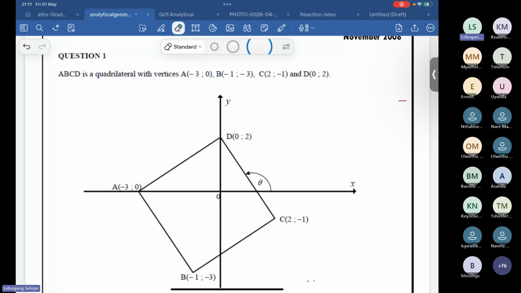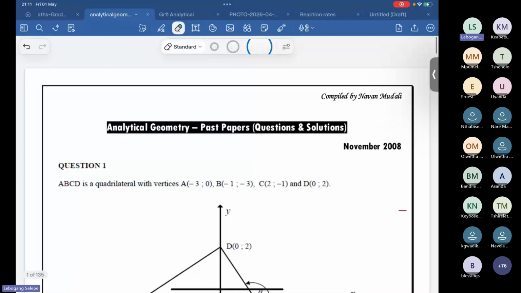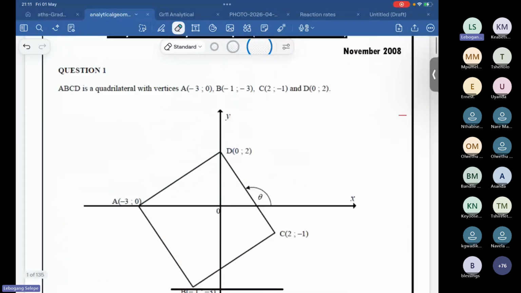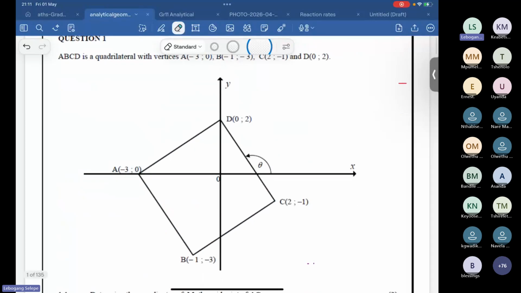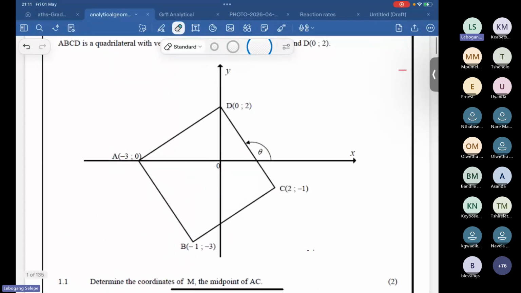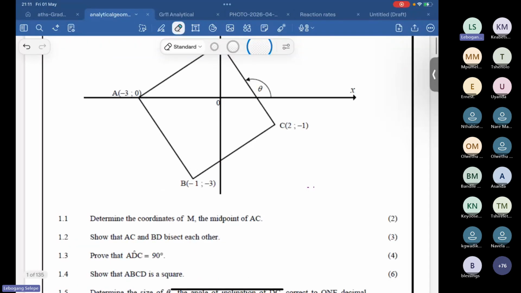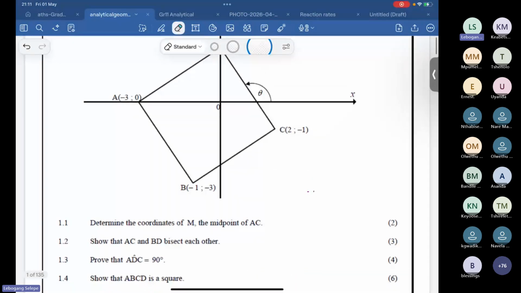Those vertices are basically corners. The examiner says you have ABCD as a quadrilateral, meaning it's a shape that has 4 sides. And then they're giving you these coordinates. The first question they ask is to determine the coordinates of M, the midpoint of AC.